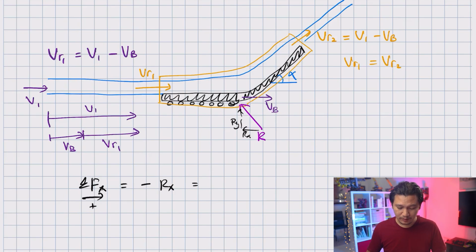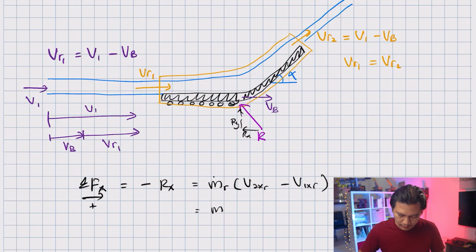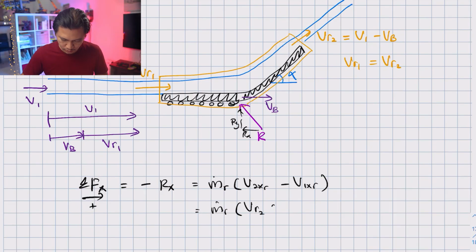But in this problem, because we are using relative velocity, it becomes m dot relative times v2x relative minus v1x relative. So this is m dot r times v2x relative, which is of course VR2 cos alpha, minus v1x relative, which is simply VR1.